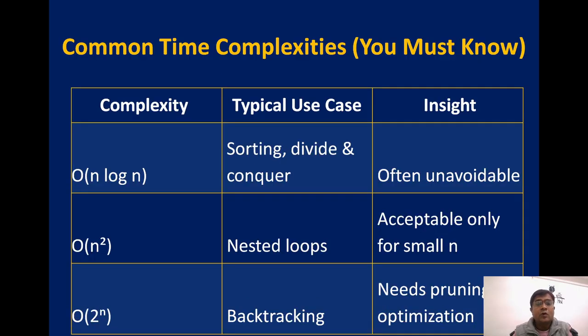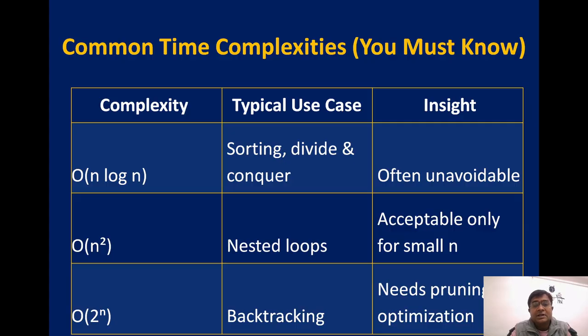The next type of complexity is O of n log n. It is used typically in sorting and divide and conquer. It's often unavoidable; you can't avoid it. Next is O of n square.